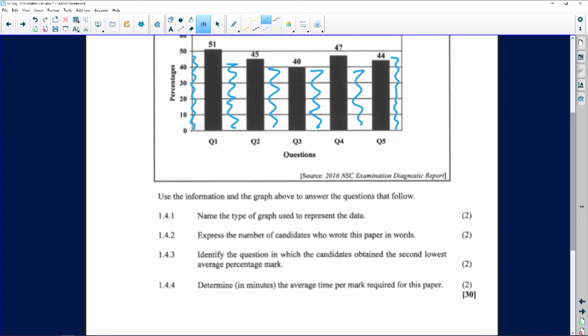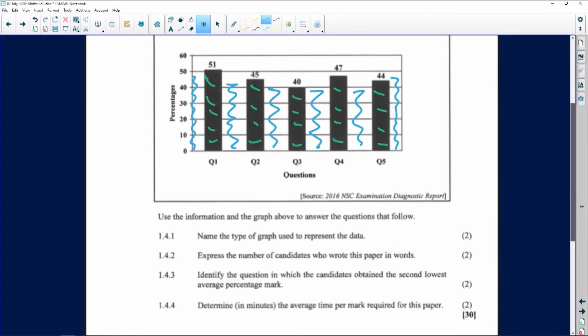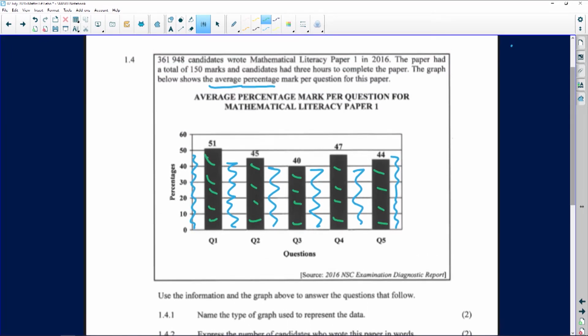Next thing you need to know about bar graphs, the bars themselves need to be equal. These bars need to be equal. So whenever you are asked to draw a bar graph, and this is now me helping you, the bars need to be equal. We need to have a title for our graph. If your graph doesn't have a title, you need to give your graph a title.